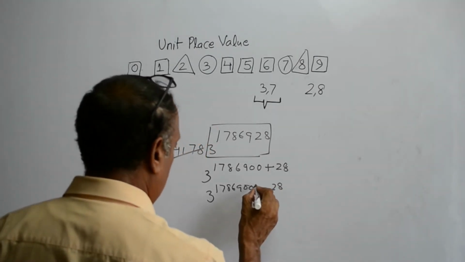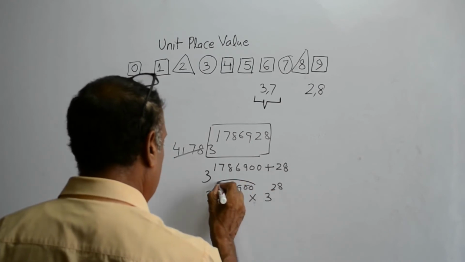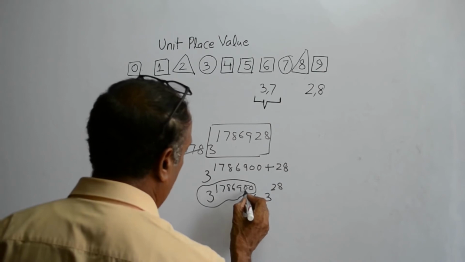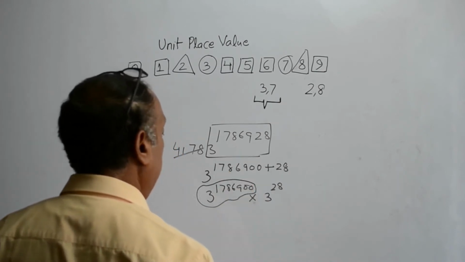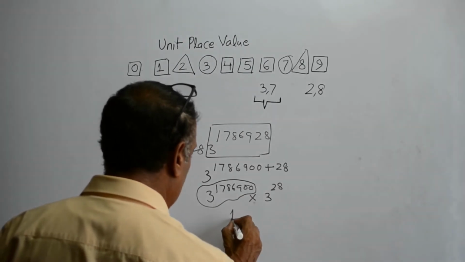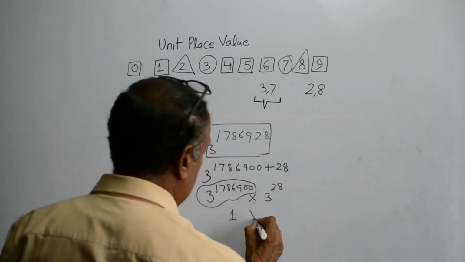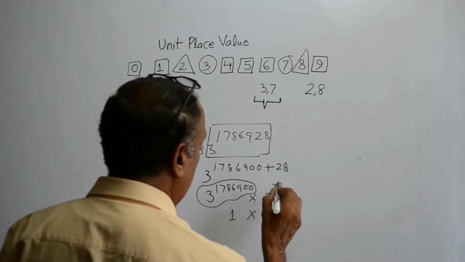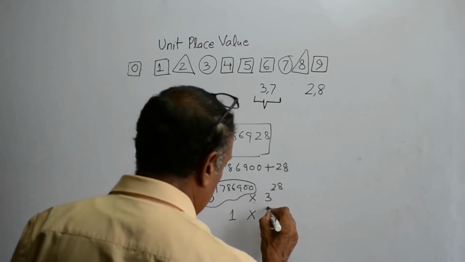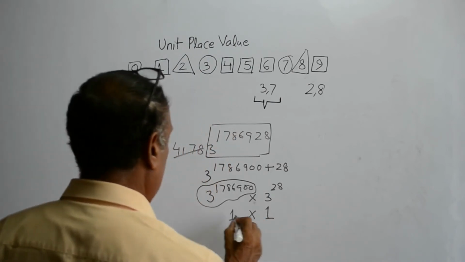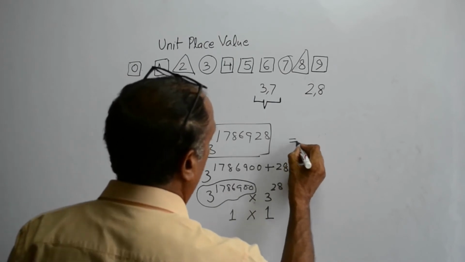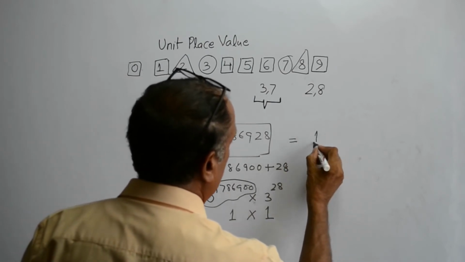Now this portion is divisible by 4 because the last two digits are divisible by 4. So this portion is going to give us 1 as the last digit. Again 3 raised to power 28, 28 is also divisible by 4. So this will give us 1 as the last digit. So 1 multiplied by 1 is going to give us 1 as the last digit.